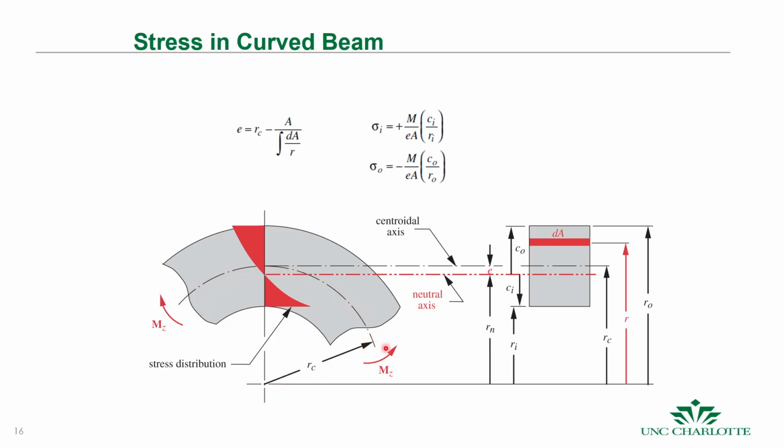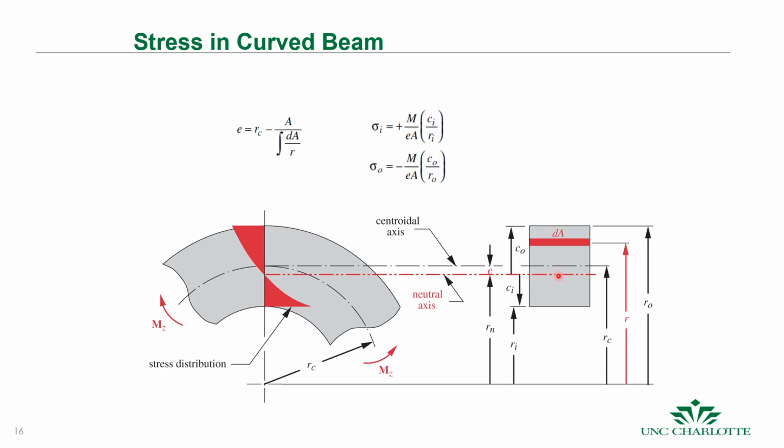It's where the center of the circle would be on that curve. And then A is the cross-sectional area, and we divide that by the integral of dA over r, and then we get this term e. Then we can include this term that will account for the curve in the beam. This sigma i is the inner stress, and sigma o is the outer stress.